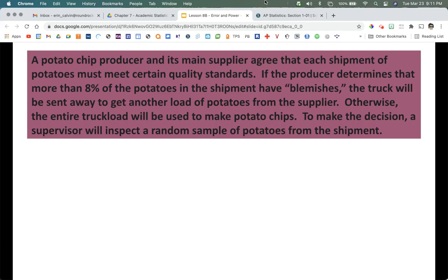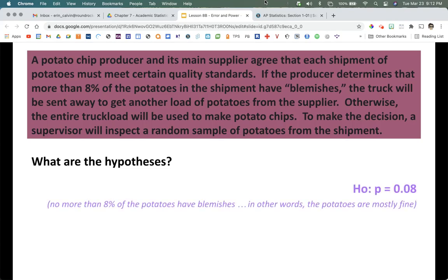So we're going to take a sample, look at the sample and decide: does this sample give us evidence that more than 8% of the shipment has blemishes? In that situation, my null hypothesis, remember from last class, is always a statement of no change, no effect. So we would say p equals 0.08. In other words, 8% of the potatoes have blemishes, or no more than 8%.